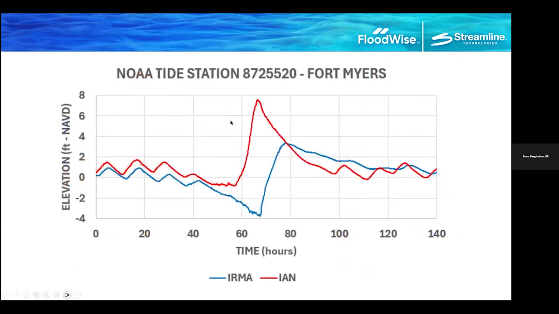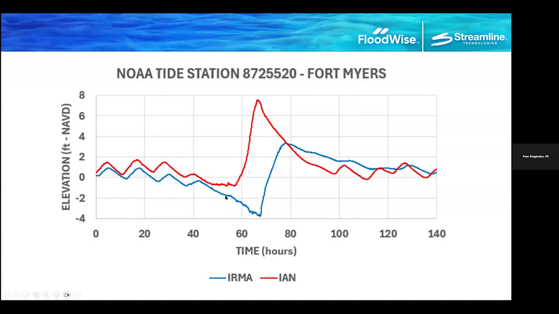And this is the NOAA tide station at Fort Myers. The one at Naples blew out during Hurricane Irma, and they have since replaced that, but they moved it to a different location. So we wanted to look at Fort Myers. And so the red line is Hurricane Ian, and the blue line is Hurricane Irma.